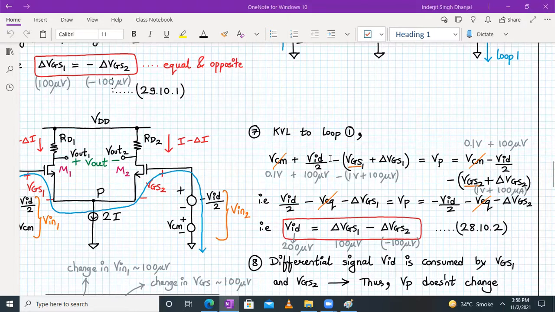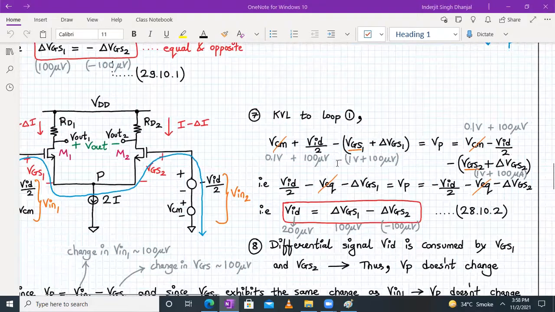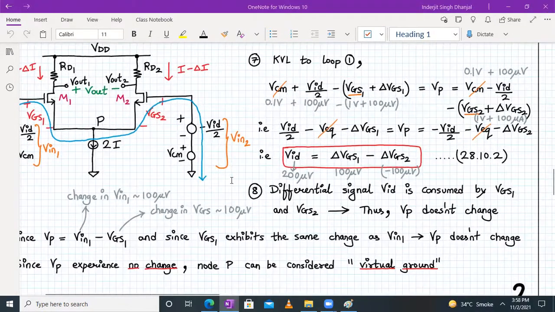VCM is 0.1, VID by 2 is 100 microvolt, and here VGS1 plus delta VGS1 is 1 volt plus 100 microvolt. So VCM got cancelled out, and finally we have equation number 28.10.2. It shows that VID is equal to delta VGS1 minus delta VGS2.